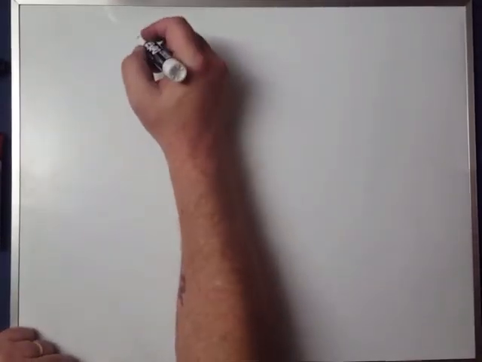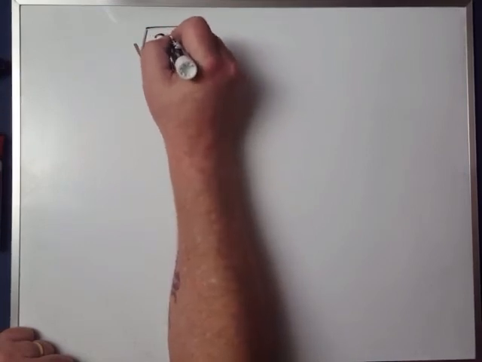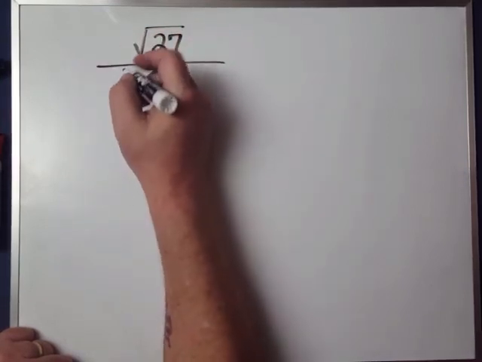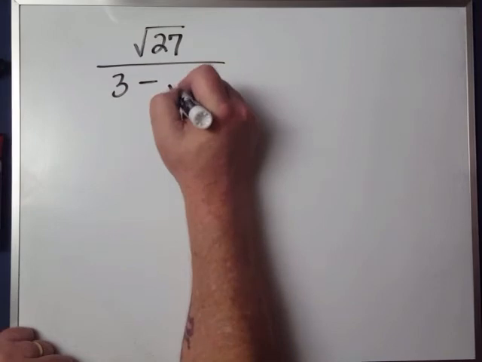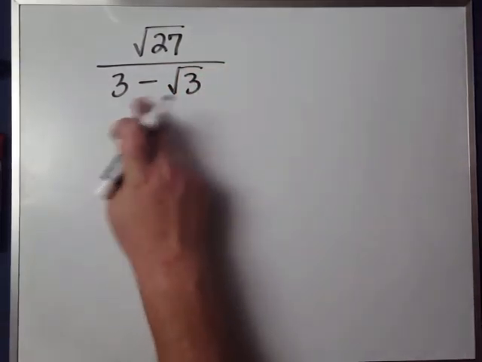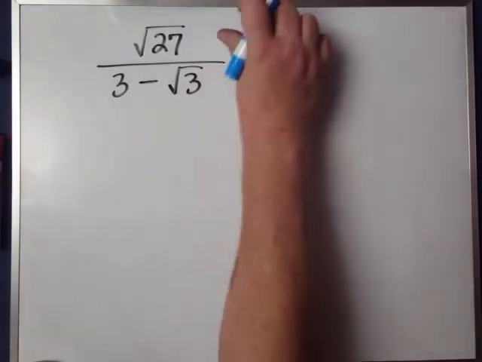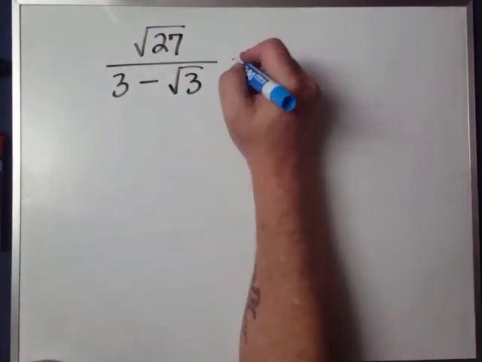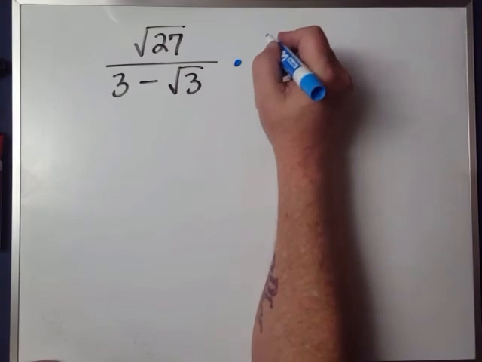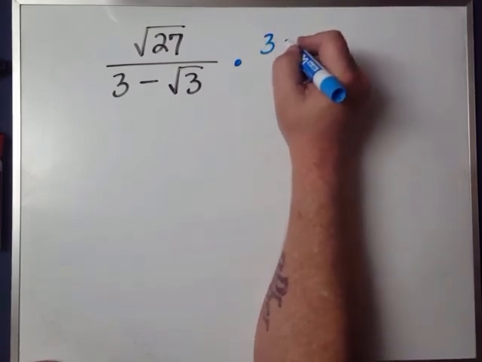Number 86. We have two terms in our denominator with a square root running around. So let's multiply the top and bottom of this to rationalize this denominator by the conjugate.